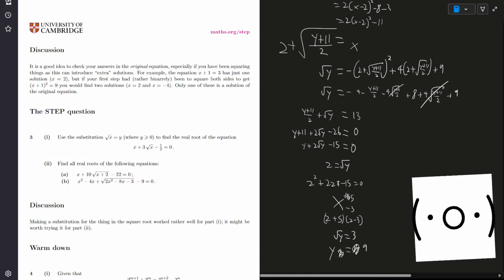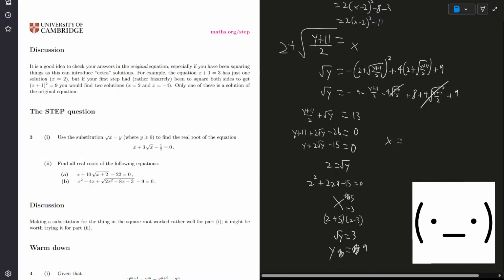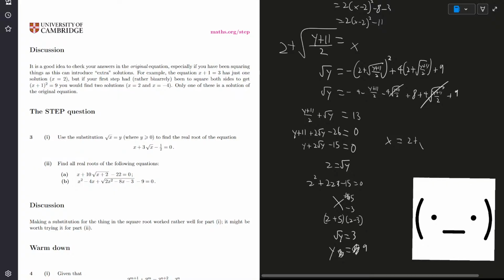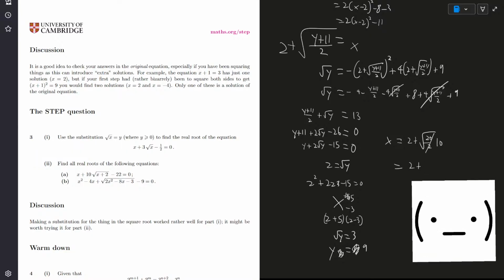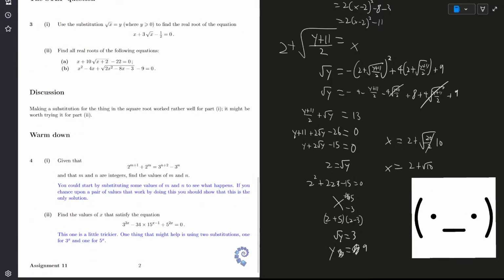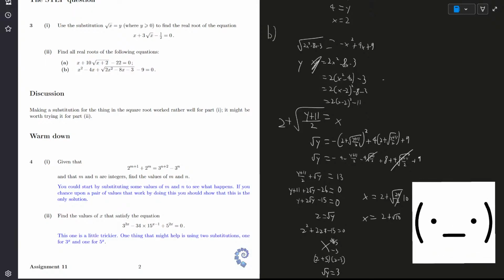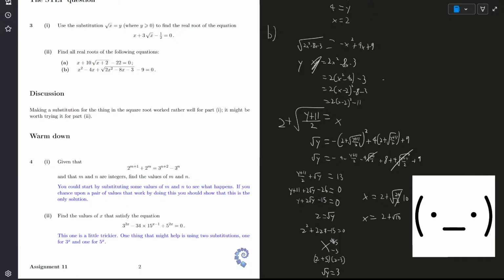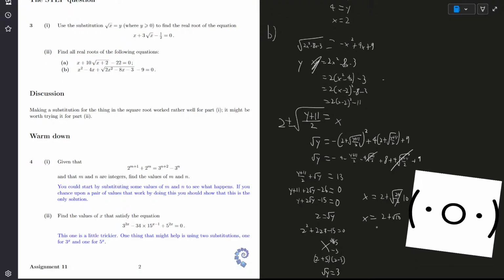Now I've got y equals 9. It's x. Ah, but there are multiple.